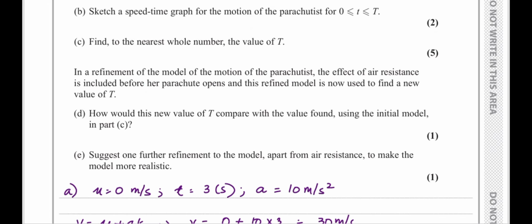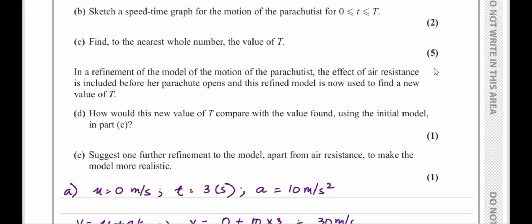Part D. In a refinement of the model of the motion of the parachutist, the effect of air resistance is included before her parachute opens, and this refined model is now used to find a new value of T. How would this new value of T compare with the value found using the initial model in Part C?